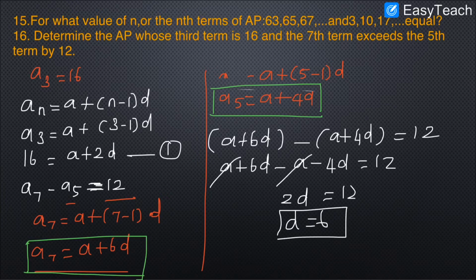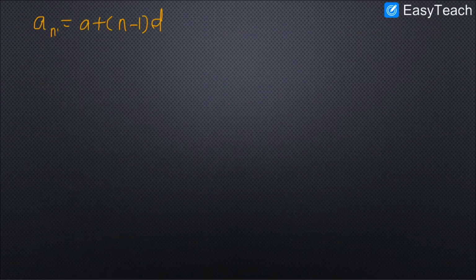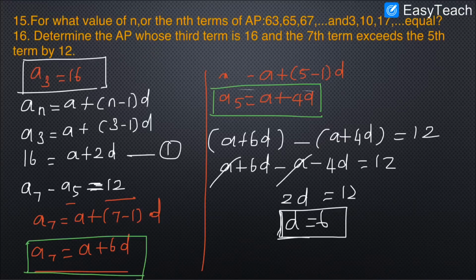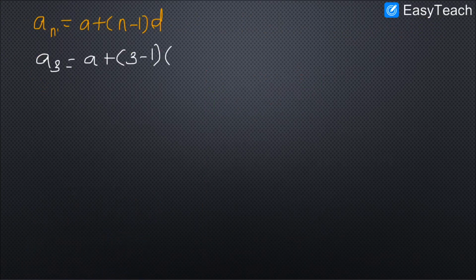Still we do not know the first term of this AP. We know only the third term, A3 equals 16, and we found the d value. So using these two values we can find A, the first term. Let us use this formula. For An I write A3, equals A, which we have to find, plus (3 minus 1) into d, which is 6.